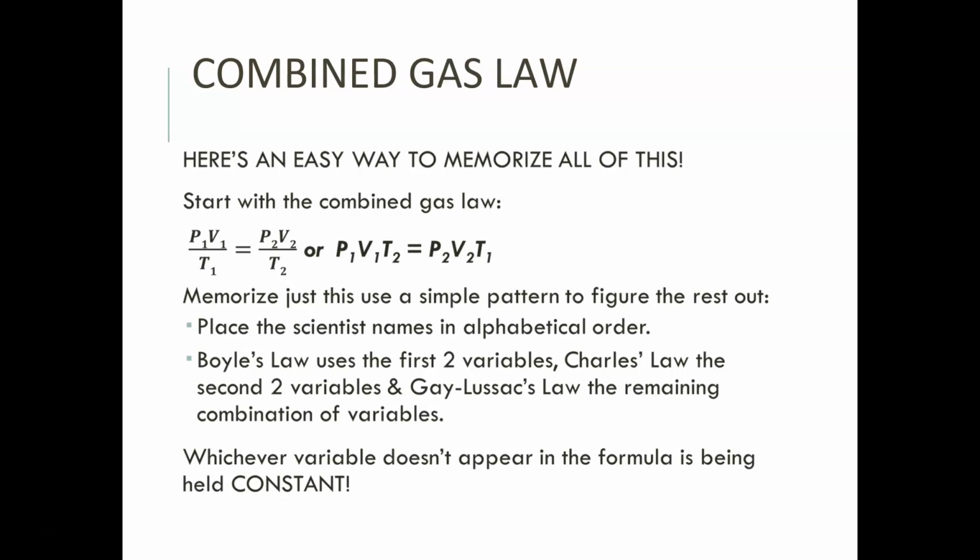This is a way to start thinking about the problems from a different perspective. You can look at it from the perspective of which law it is, or whether you can use all of them. But if you can remember P1V1 over T1 is equal to P2V2 over T2, you've got the gas laws and the four guys' laws pretty much tackled, okay?